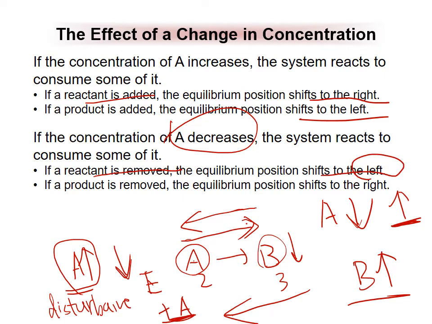Again, when the reactant is removed, that's a disturbance, and the system will try to increase it, and that's the left reaction. If product is removed, so if you reduce B, the reaction will go forward, and that will increase B. Always remember that the key is to reduce or counteract the disturbance.